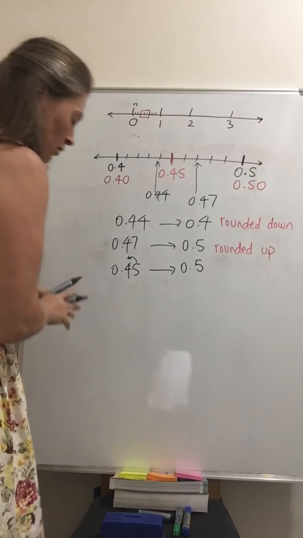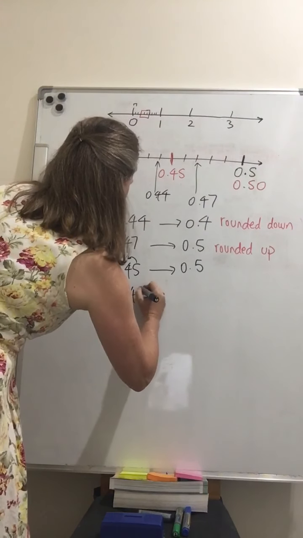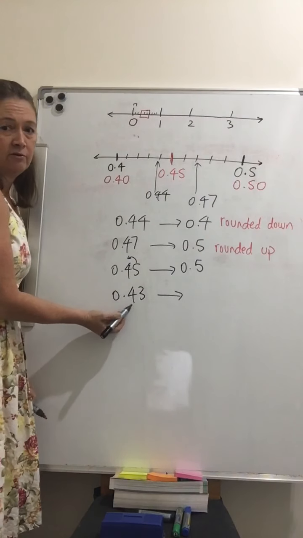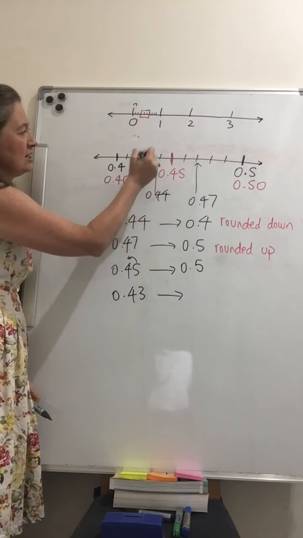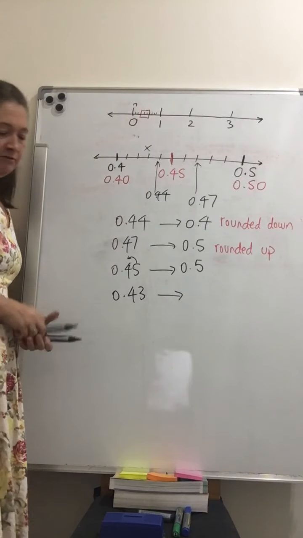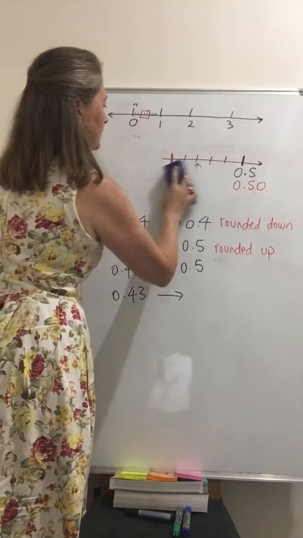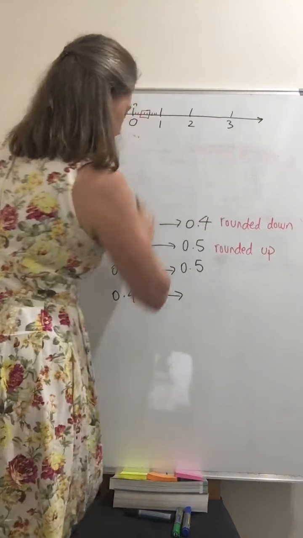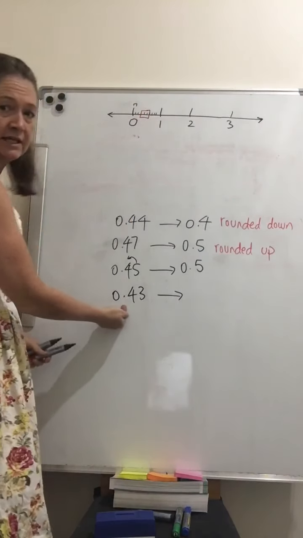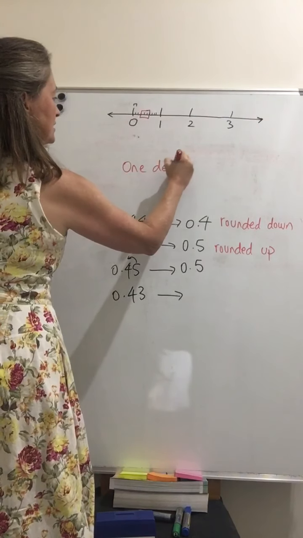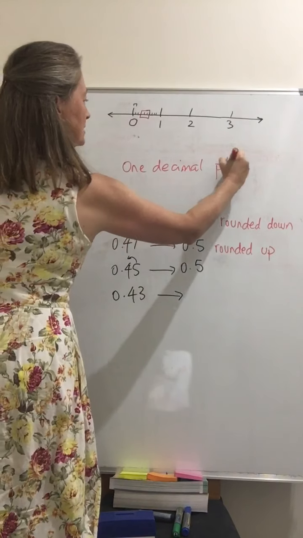Okay. What if I have 0.43? Now you might look at the 0.43 and go, well, that's actually here. But what if we didn't have our number line to look at? What if it wasn't there? Then all we had was this here, and we're still trying to round it to 1 decimal place.